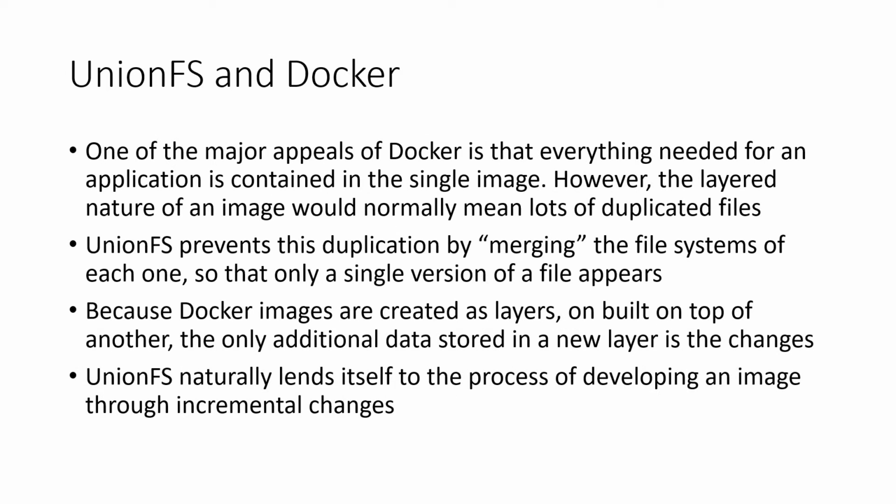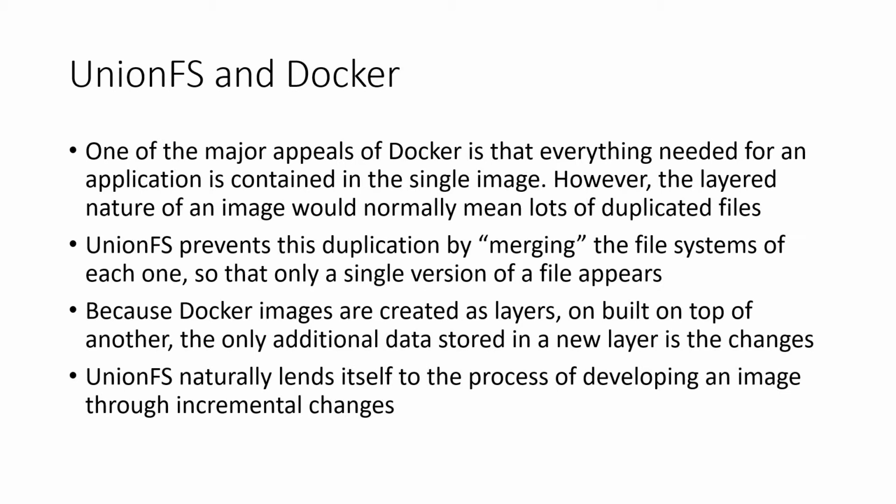So how this relates to Docker, one of the great things about Docker is that everything we need is contained with this image, but the process of actually creating an image through incremental changes and developments means that we could have multiple duplicated files and a lot of different versions of things when we only want the latest version and we want to see just that single final version.